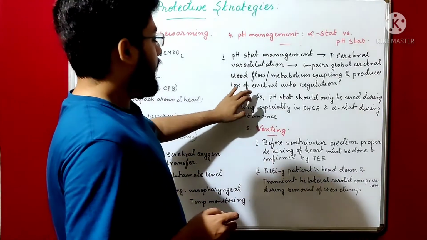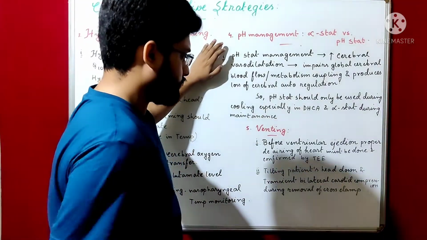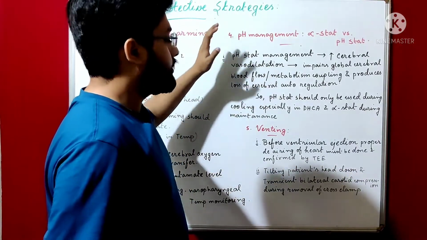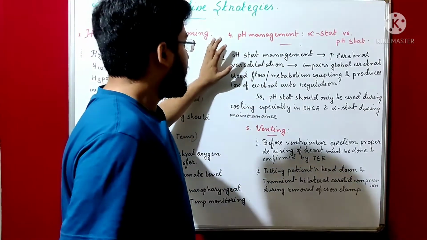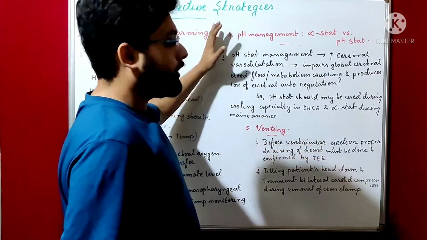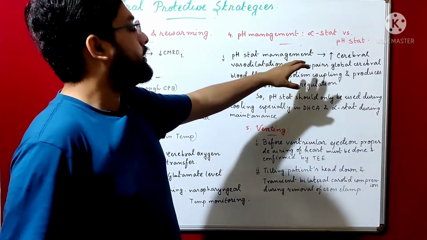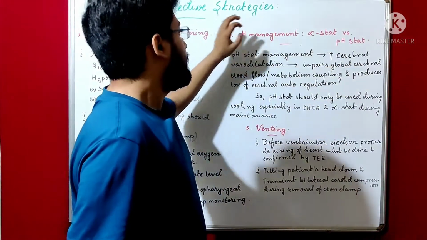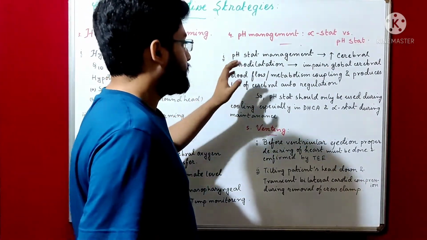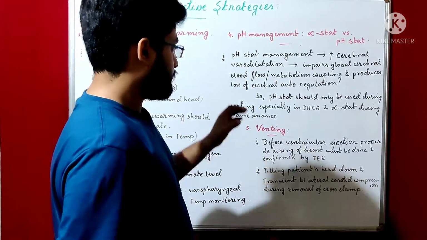Again, pH stat strategy mandates exogenous carbon dioxide, and that causes cerebral vasodilatation and impairs cerebral autoregulation.